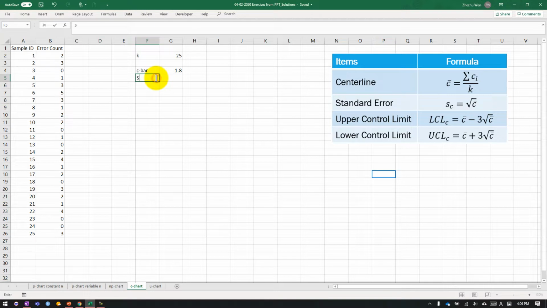And your standard error here is the square root of this.